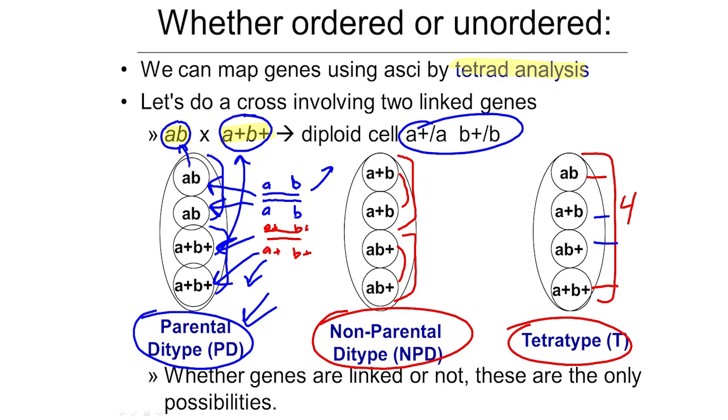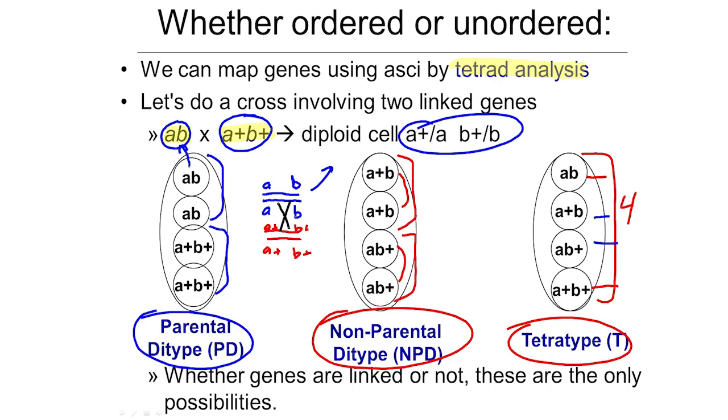Okay? Now let's use the same drawing, just erase a little bit of this. What if a single crossover occurs? And remember we said, if it does occur, it involves 2 non-sister chromatids, right? So can you see what's going to happen is, this is going to create the tetratype on the other side there.